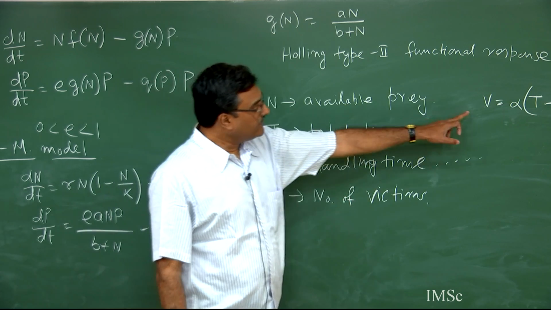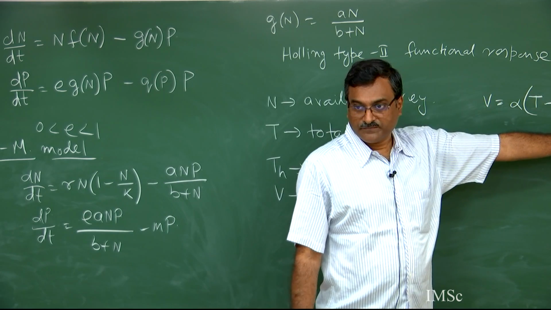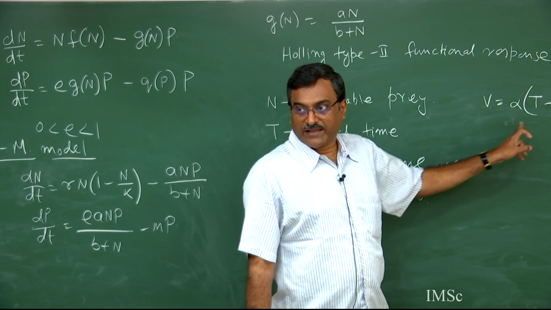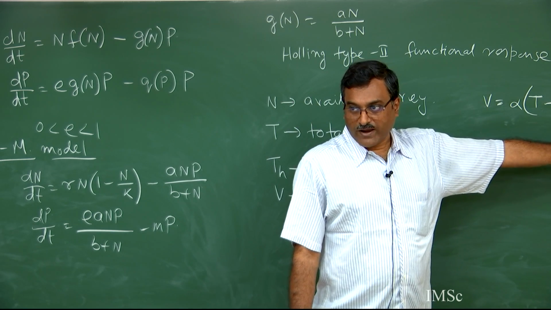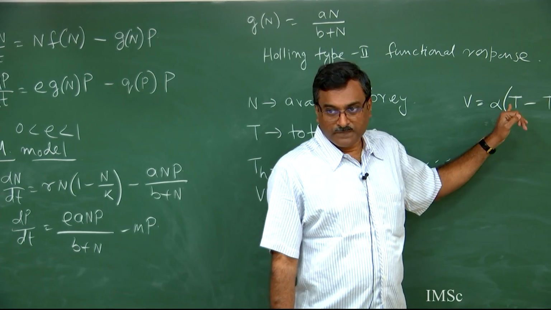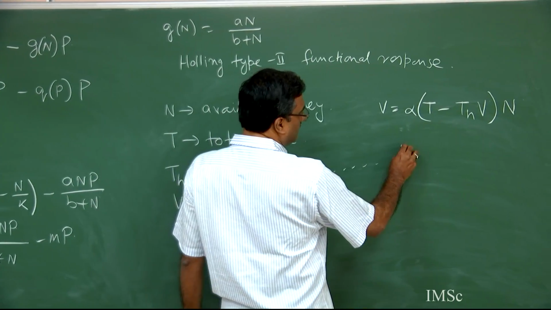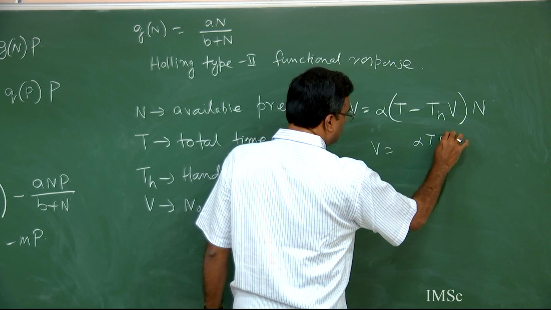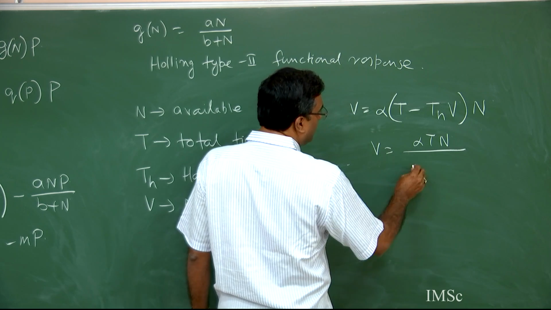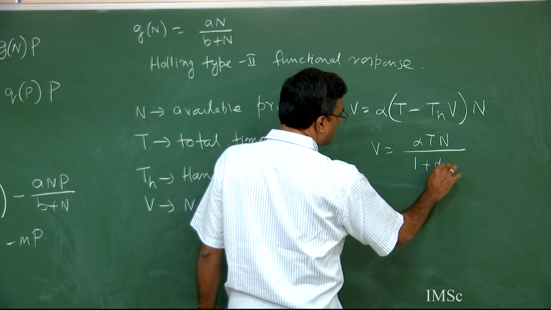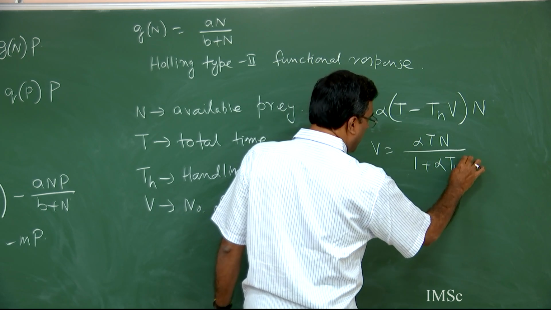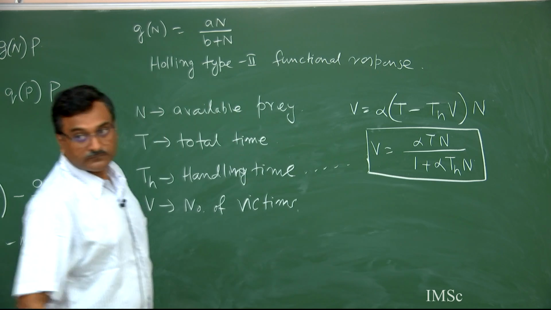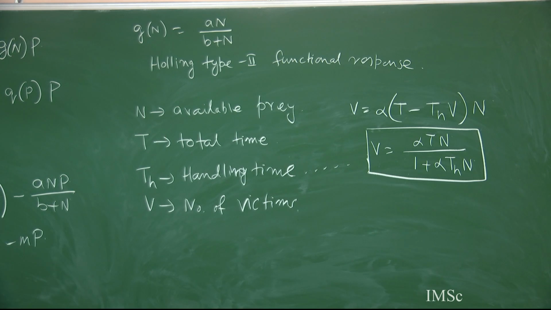correct. V is proportional to the prey abundance, V is proportional to the searching time, so V equal to alpha times this into this, where alpha is the variation constant, and from here you can derive that V equal to alpha TN divided by 1 plus alpha TH into N. Right.